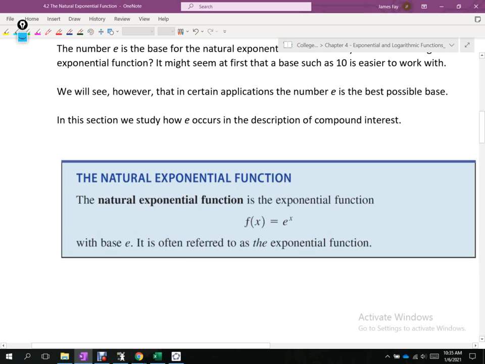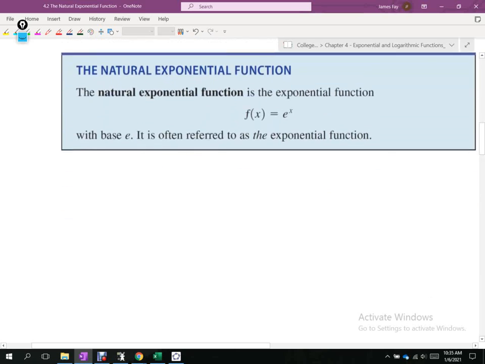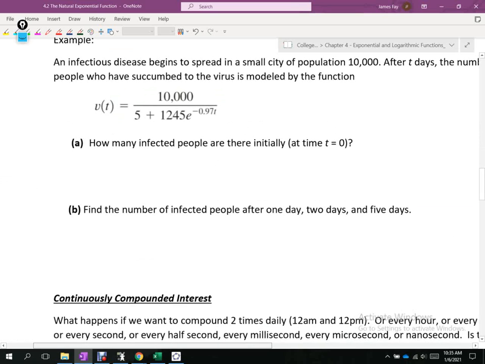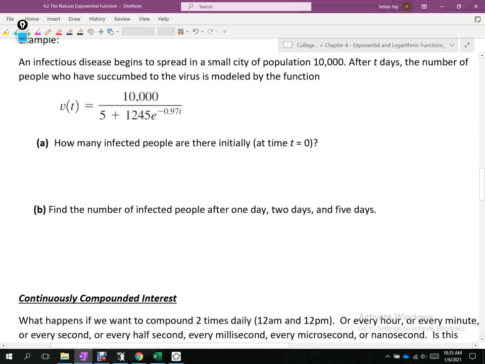But what we find out is that E shows up a lot in how populations change. How we'll call logistics or predator-prey models or growth models or decay models, how those things change, E is heavily involved.